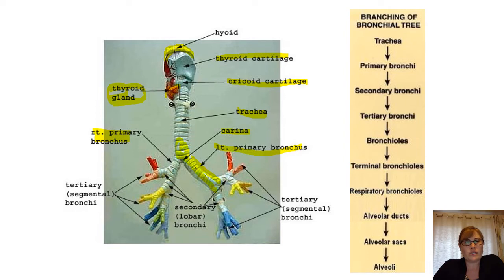And then we have our secondary bronchi and our tertiary bronchi. That's all the way through to here. And then we get to the bronchioles, terminal bronchioles, and then we're entering the respiratory zone. Here's where we're going to start seeing the functional aspect of the lung, or of the respiratory system.